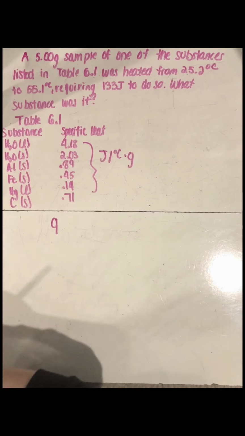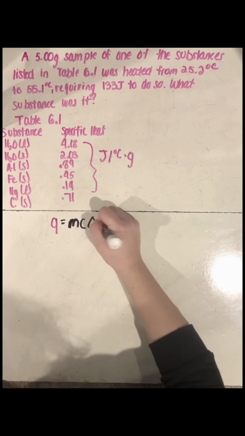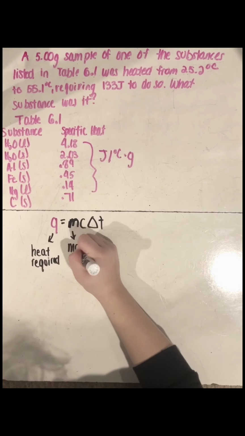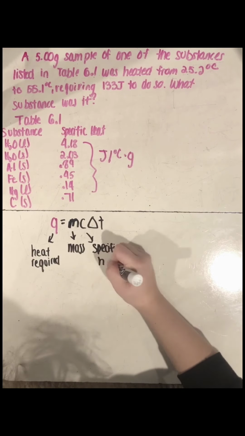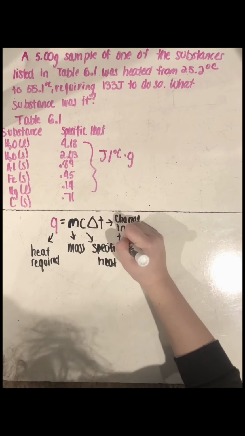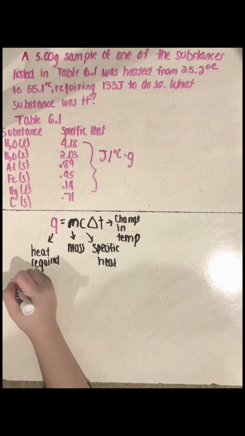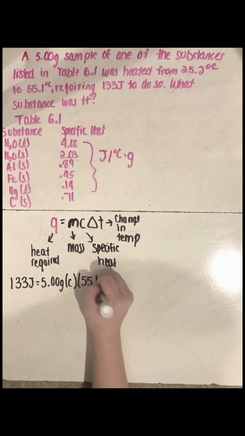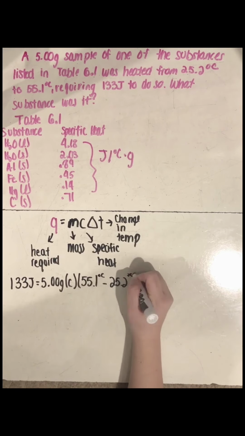Q equals mc delta T can be used to solve for the specific heat. Q is the heat required, m is the mass, c is the specific heat, and delta T is the change in temperature. Here, I am plugging in the values that were given in the problem: the heat required, the mass, and the delta T, Tf minus Ti.